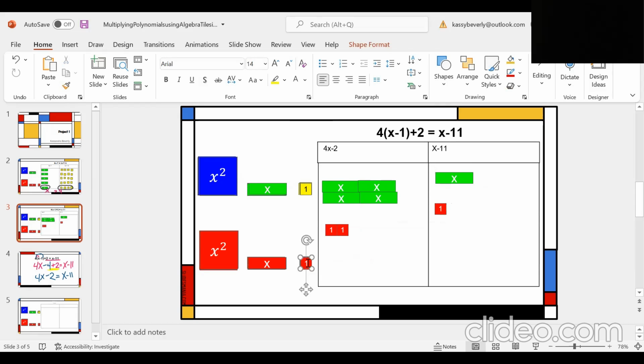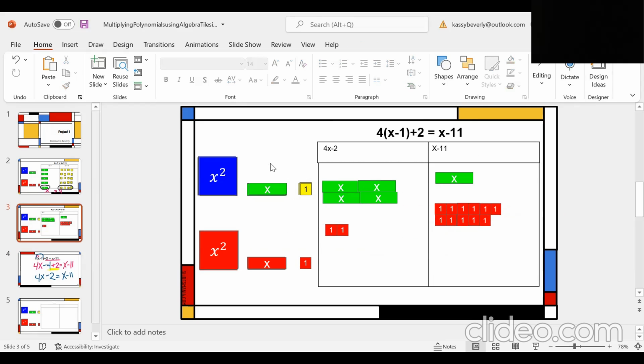So 1, 2, 3, 4, 5, 6, 7, 8, 9, 10, 11. So on the right side, we have x subtract 11.